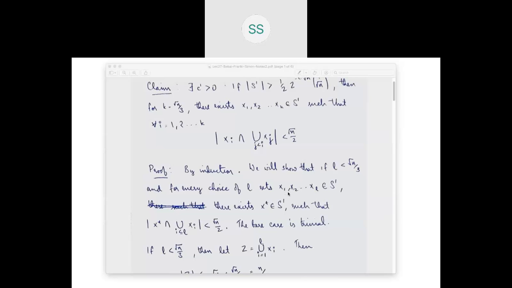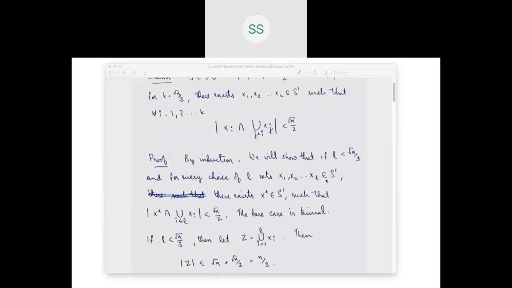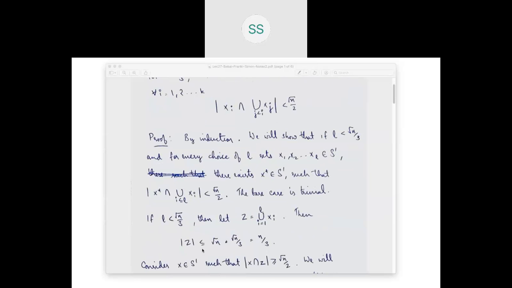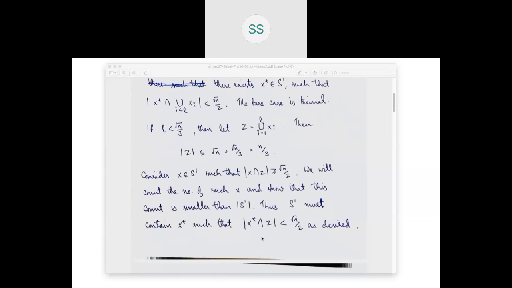Consider L to be strictly less than square root n by 3. Now we have sets x1 to xl. The total number of elements contained in the union, so we call the union Z, is at most square root n by 3 times square root n, which is n by 3. Now what is the number of elements in S prime that intersect in at least square root n by 2 elements of Z?